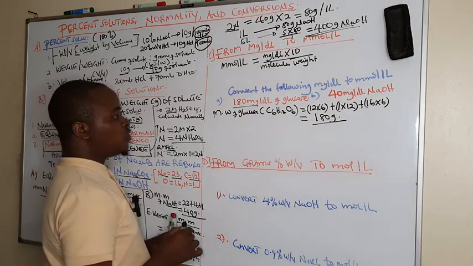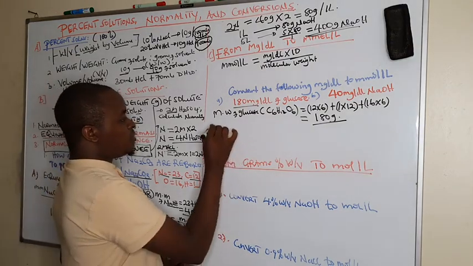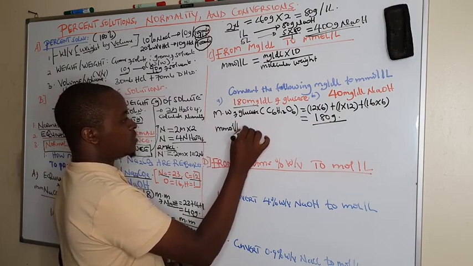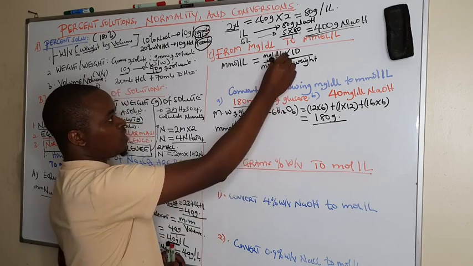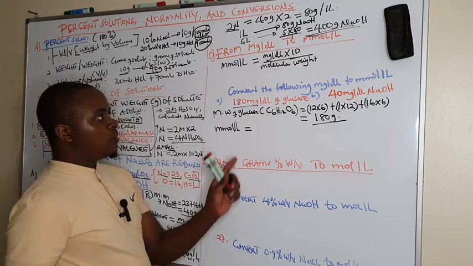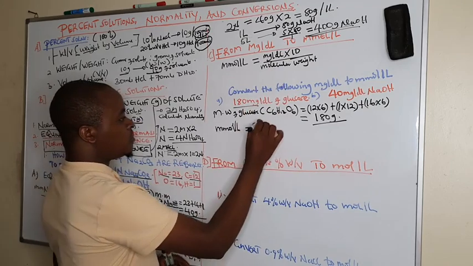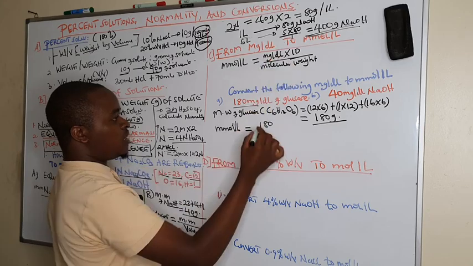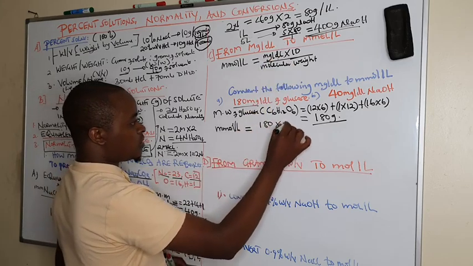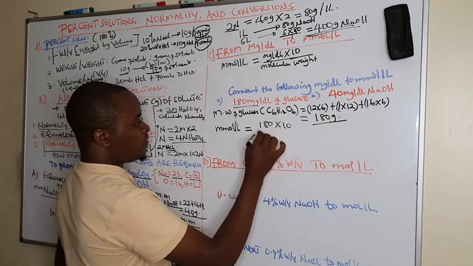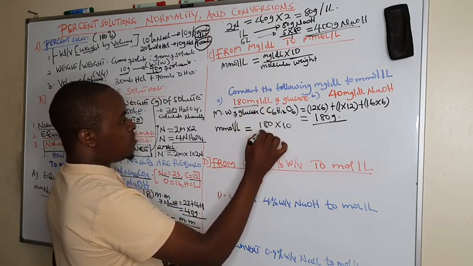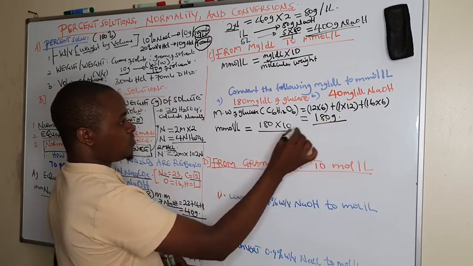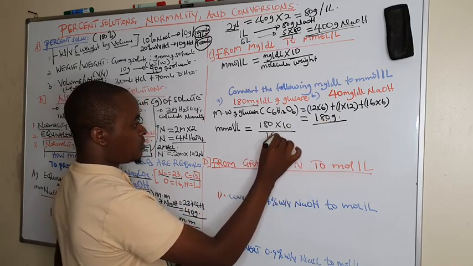So after getting the molecular weight, to get millimoles per liter of glucose, I'm going to substitute in the formula the milligrams per deciliter, which is 180 times 10. Then I divide by the molecular weight, which is 180.